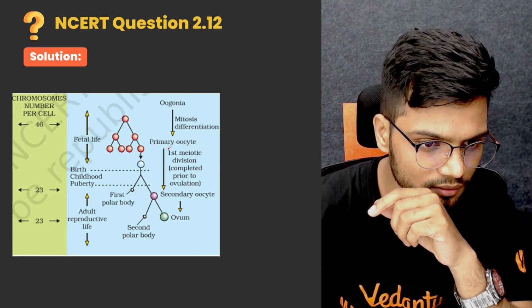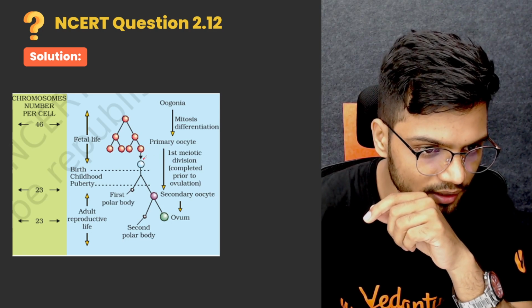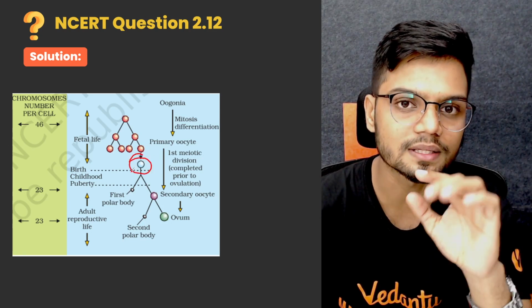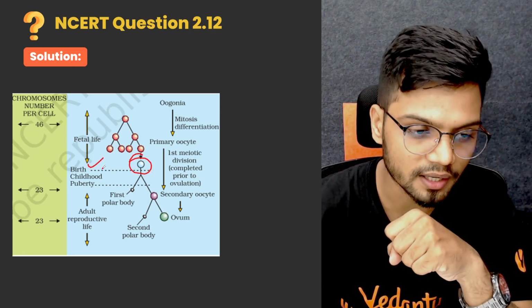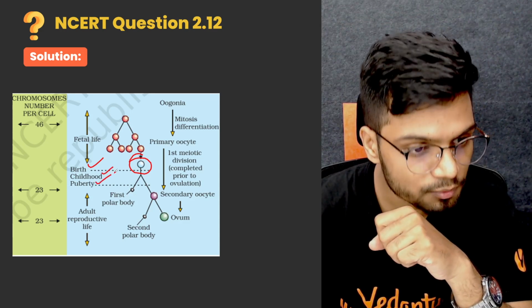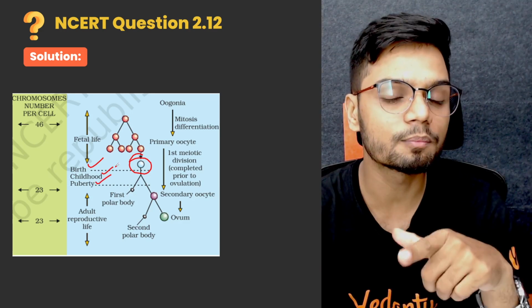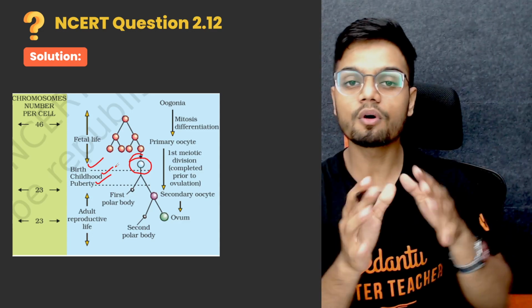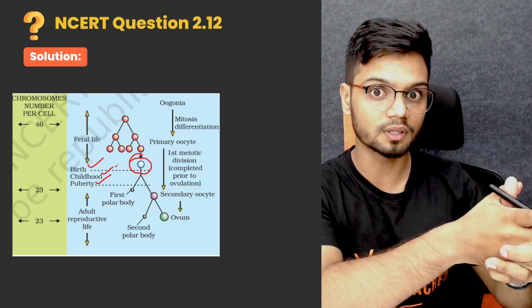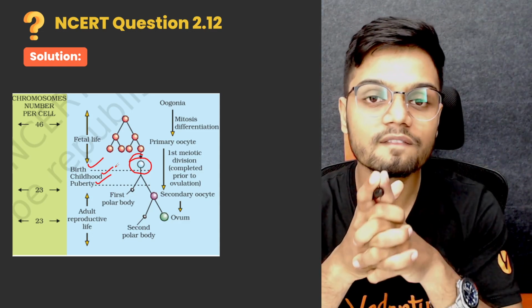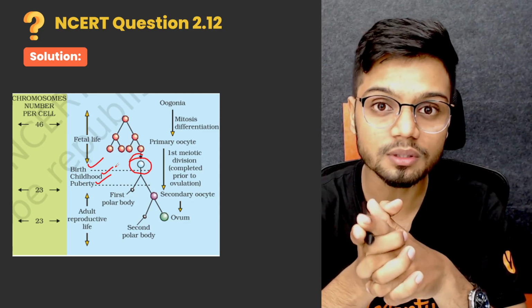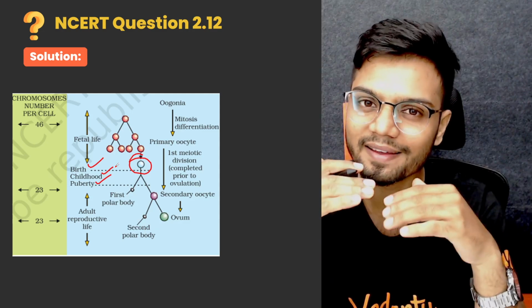Now your primary oocyte is arrested. Then the child is born, grows, and reaches puberty. Once the female child reaches puberty, the meiosis 1 which had started before the birth of the child finally finishes.